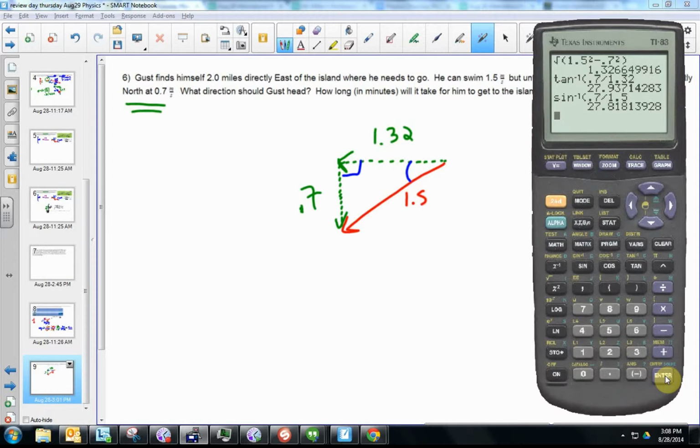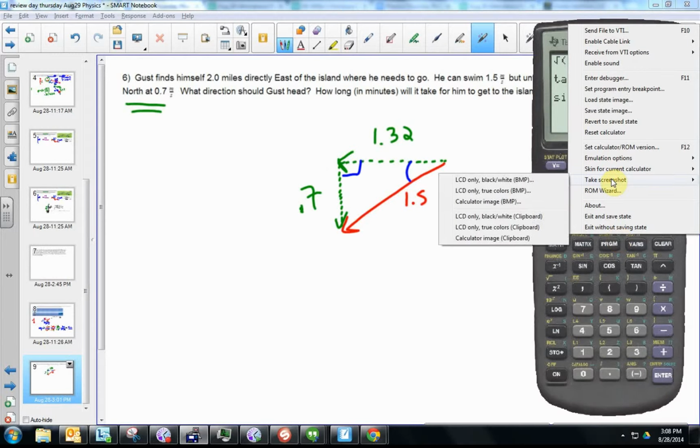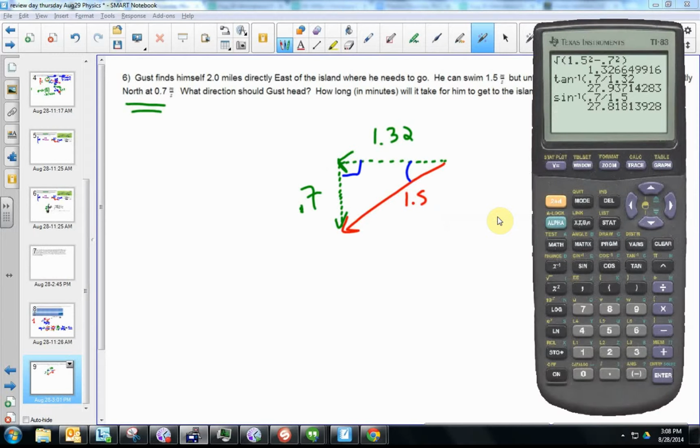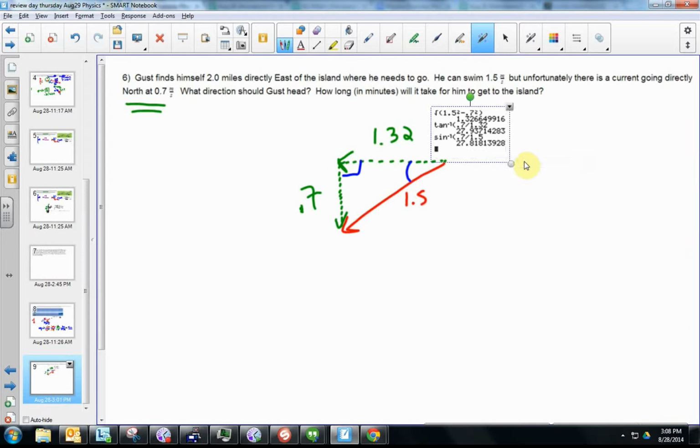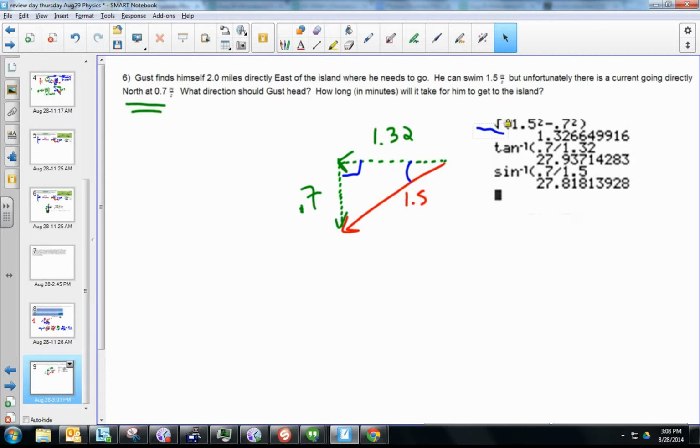Since the original given information was the 0.7 and the 1.5, technically it's a little better to use the arcsine here. But it really doesn't matter, and I certainly would never mark any points off for doing the other one if that's what you decide to do. We've been doing a lot of arctan, so it's likely that we would do arctan.